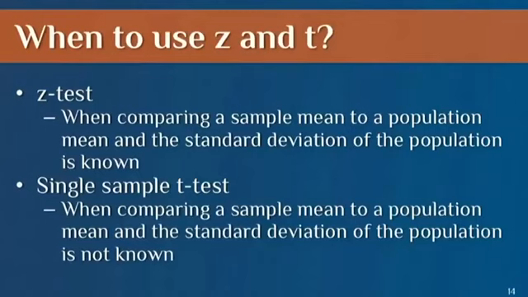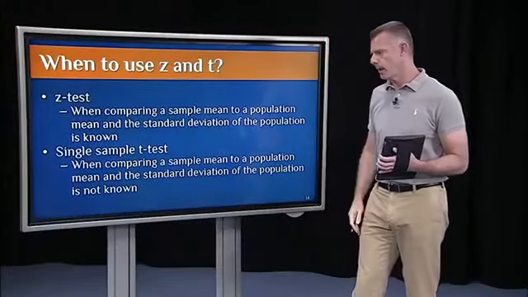As I said, the Z-test is actually pretty rare because we only use the Z-test when we're comparing a sample mean to a population mean, and we know the population's standard deviation. As I've been saying throughout the course, we typically don't know the population parameters. That's why we sample and we deal with sampling error and all of that. So this is a rare instance that we would know those values about the population. So I'm not going to spend a lot of time on that.